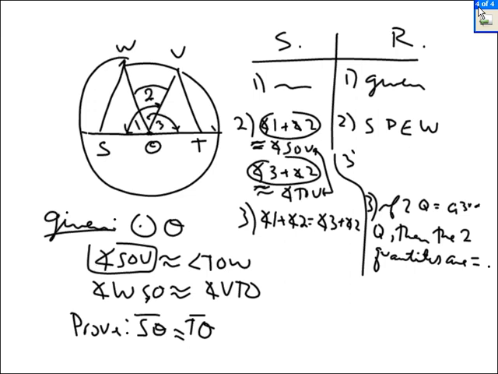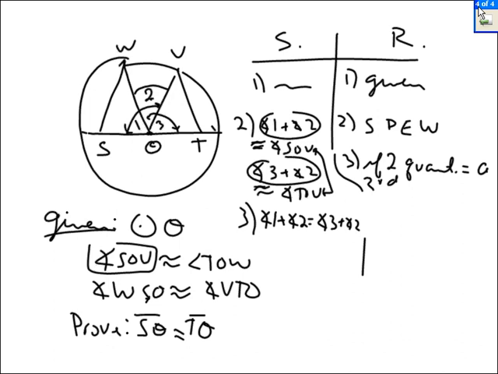Due to board space, I'm going to put it up here. If two quantities equal a third quantity, then these two quantities themselves are equal to one another.